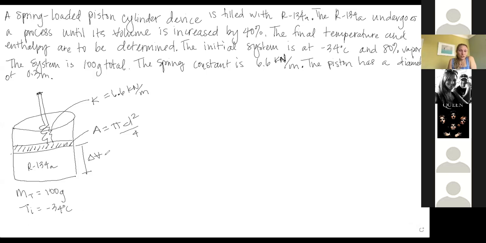Our change in volume is going to be 40%. We want to find our final temperature and final enthalpy. I shouldn't label them as T sub F because that looks like T sub saturated liquid, so I'm going to say temperature final and enthalpy final.